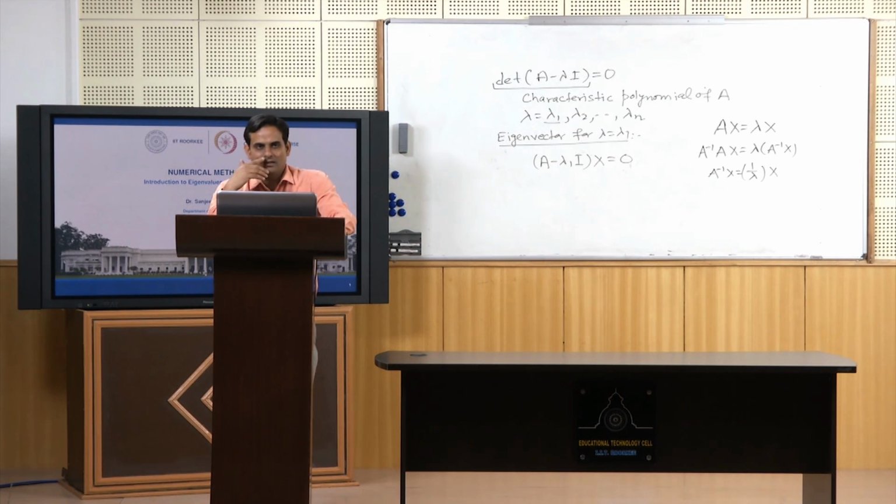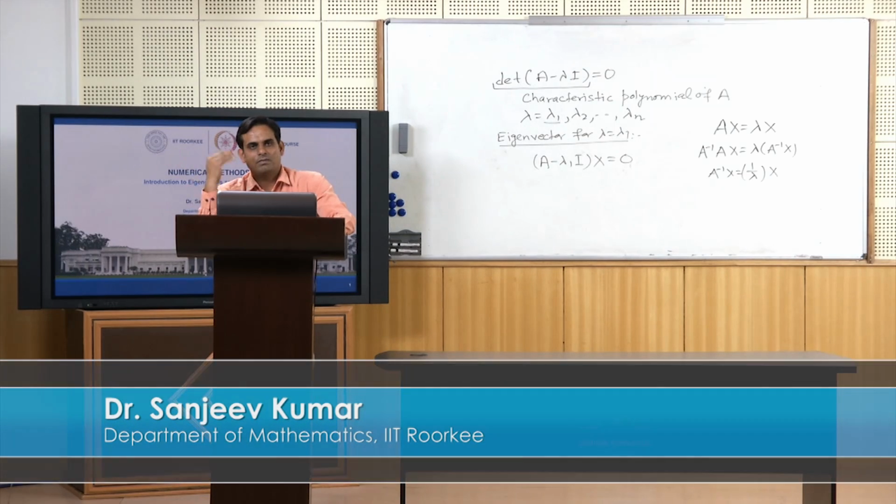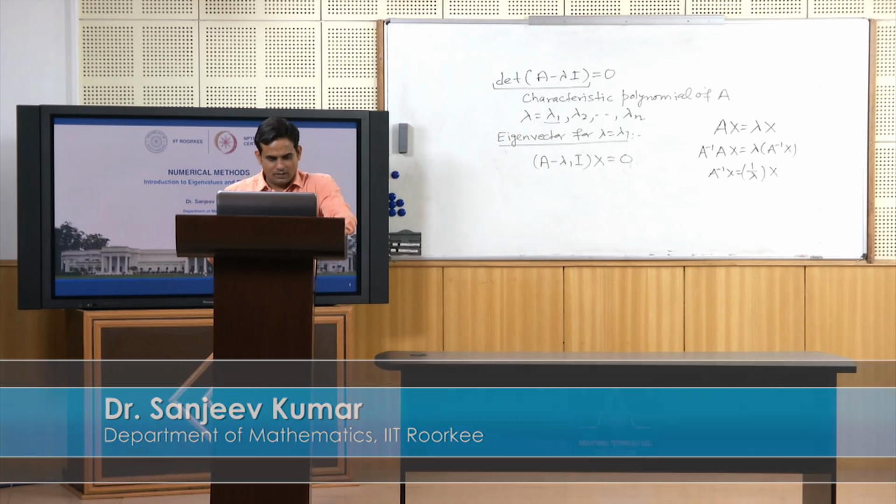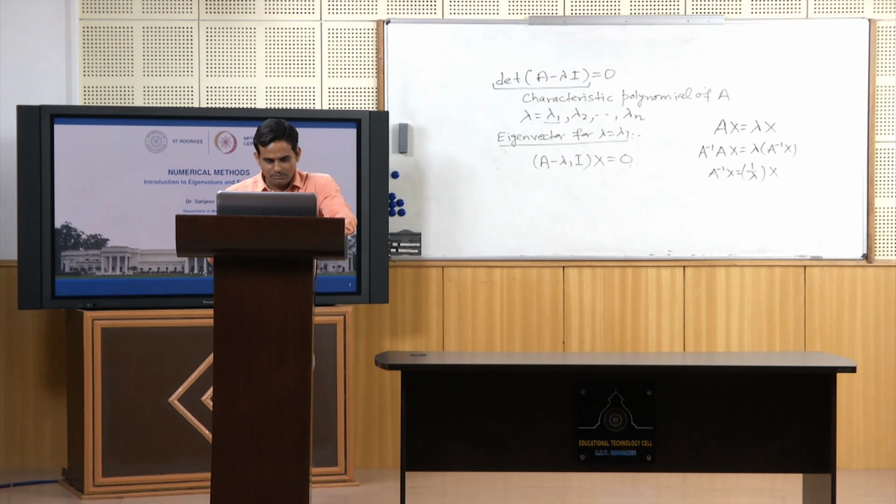I will also tell you, if I cannot write A equals P D P inverse, whether there is any other transformation which factorizes it into a product of different matrices. Now I will stop here and start from the next lecture, that is similarity transformation. Thank you.